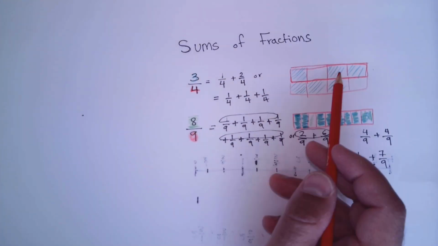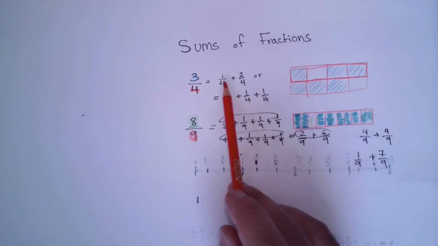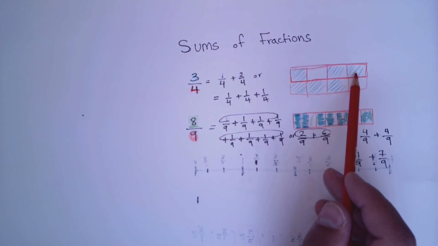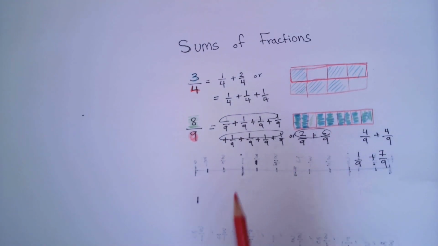It's just the quantity that is available that we add to find the total of available pieces. So 3/4 can be 1/4 plus 2/4, or it could be 1/4 plus 1/4 plus 1/4, and so on.